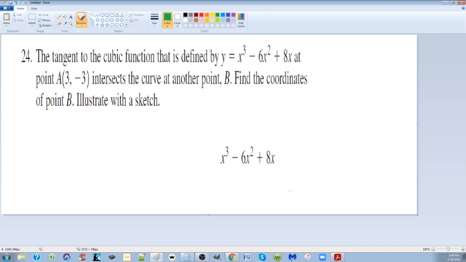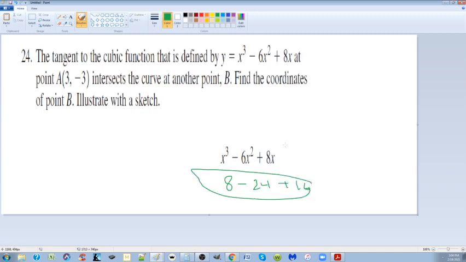What happens when x is 1? 6 plus, no, doesn't work. What happens when x is minus 1? You get minus 1, minus 6, plus minus 8. What happens when x is 2? You get 8 minus 24 plus 16.